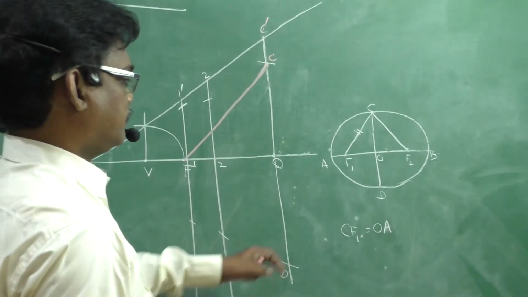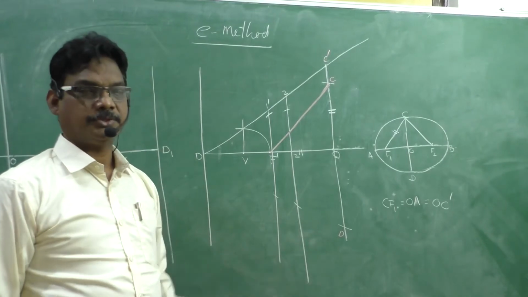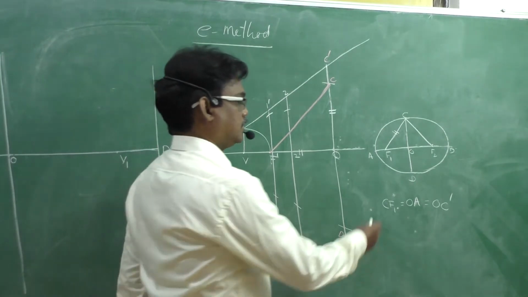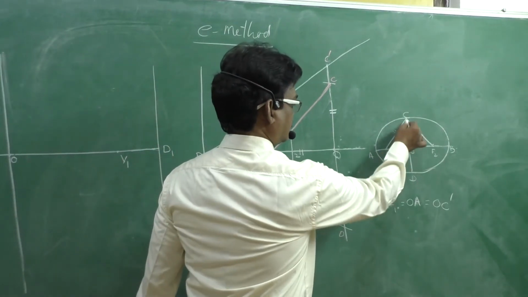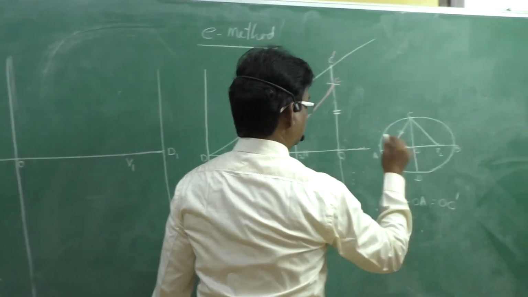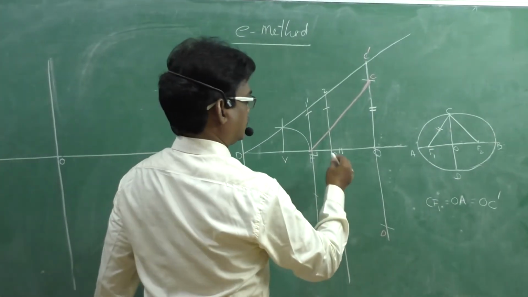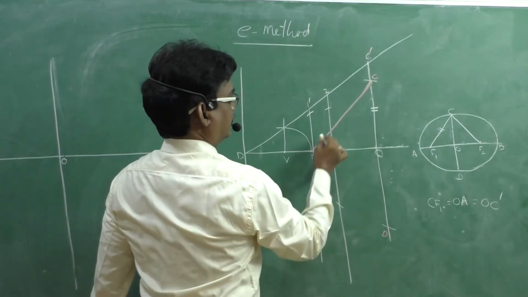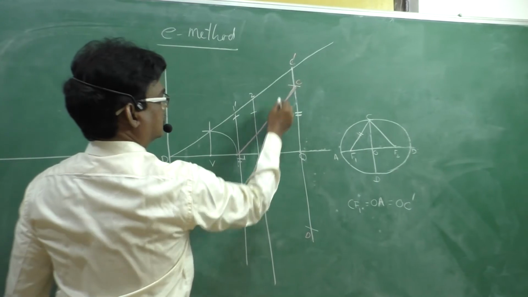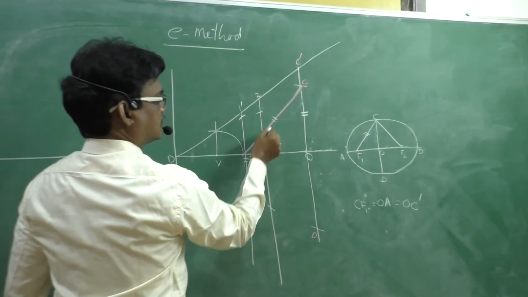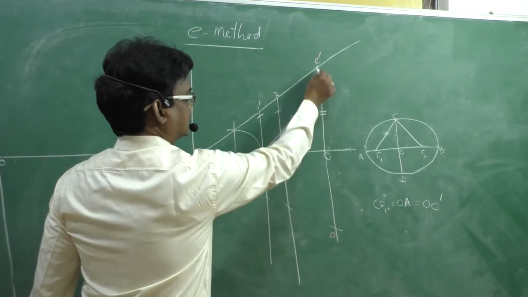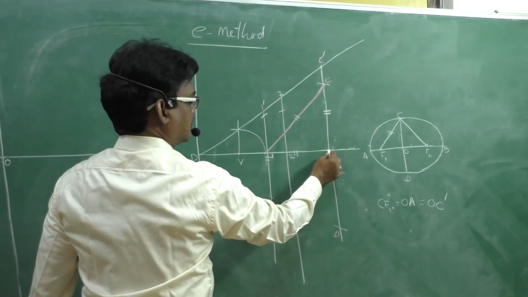Okay? Now we observe the properties of the ellipse. Here the property is this CF1 is equal to the semi-major axis, right? And at the same time this CF1 is considered from OC dash. That means OC dash is equal to the semi-major axis.